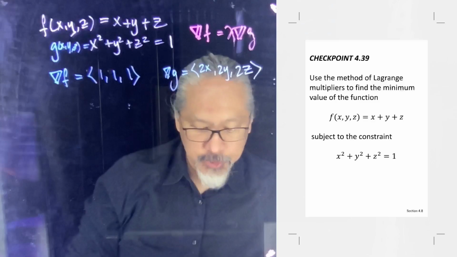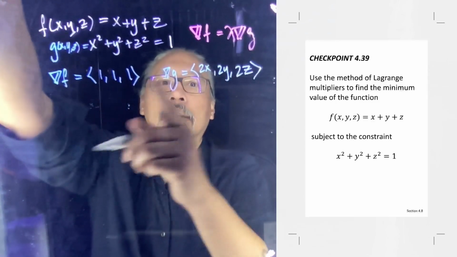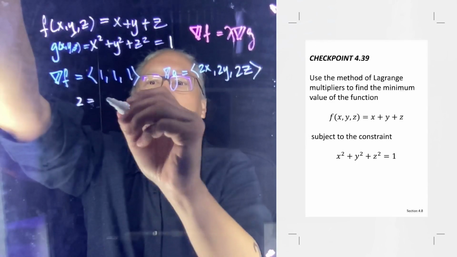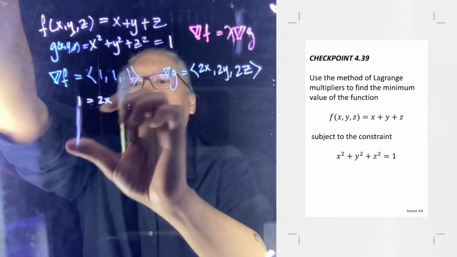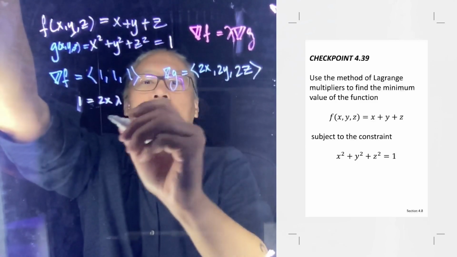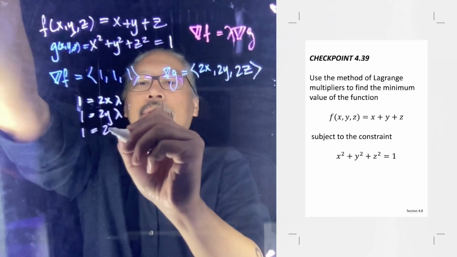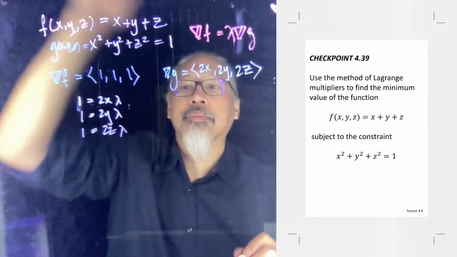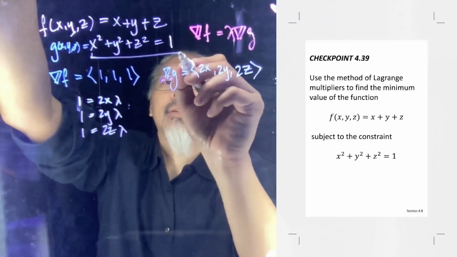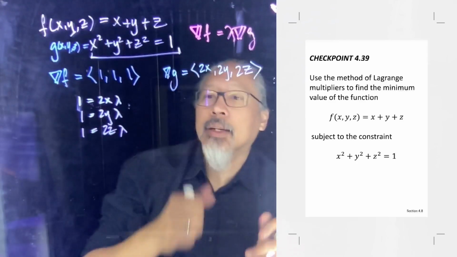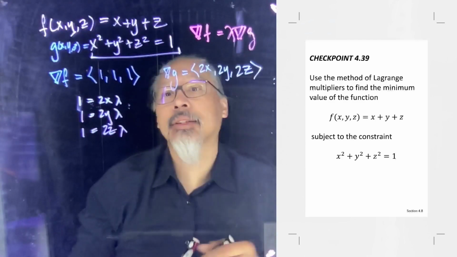Okay, and so we'll set up our equations. 1 is equal to 2x lambda, 1 is equal to 2y lambda, and 1 is equal to 2z lambda. Oh, and also the constraint is part of our system. Now, any which way to solve for this would be great.